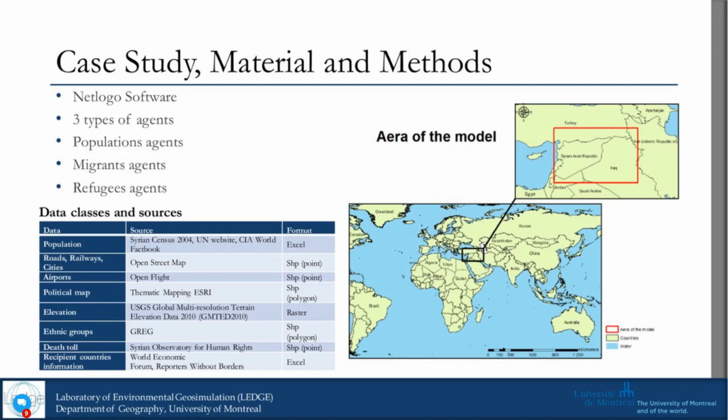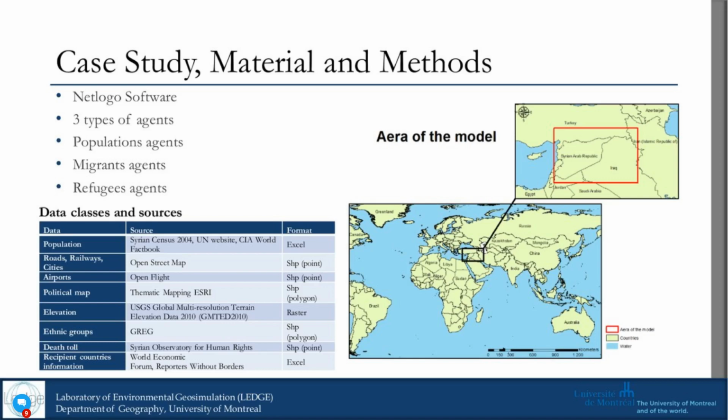On this slide, you will see the list of different data sets that we tried to access. Those are the ones used in the model. We specifically took the Syrian case study because it was important to us to better understand it. At the beginning, we were trying to simulate how Syrian immigrants were deciding to come to Canada, but the scale was unmanageable.